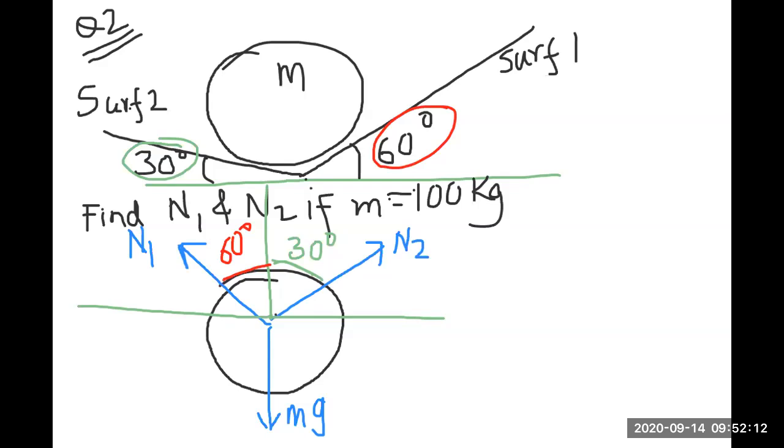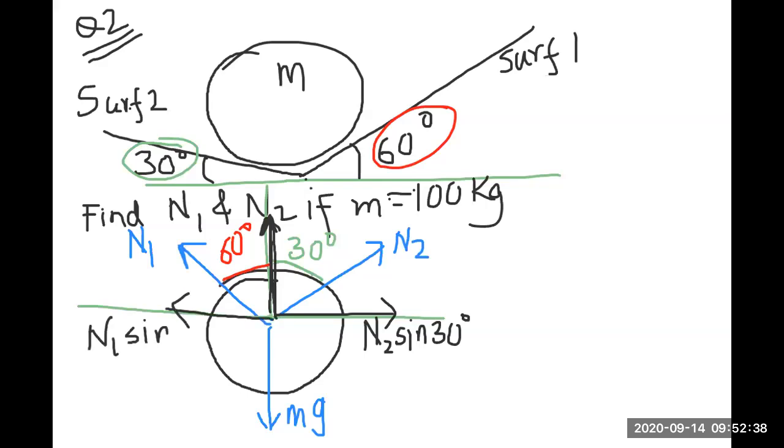Let's find the components. This component will be n2 cosine 30. And this component will be n2 sine 30. Again, this component will be n1 cosine 60. This component will be n1 sine 60.